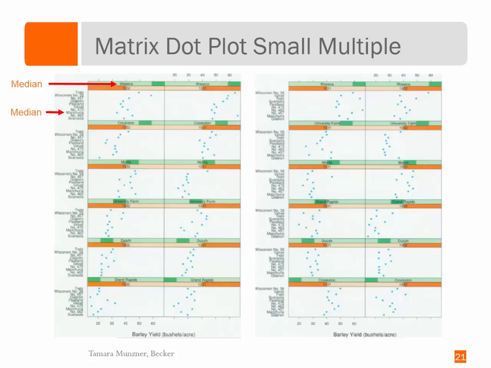So we just move over to the right there, and we look down through the same sort of approach. We see Waseca definitely has the highest median output, and then as we step through Crookston, Morris, University Farm, Duluth, and Grand Rapids, we see the pattern shift to the left. So pretty much the same pattern in both 1931 and 1932.